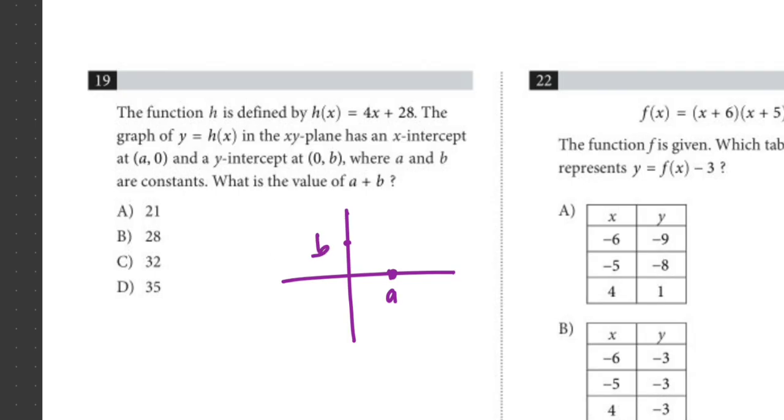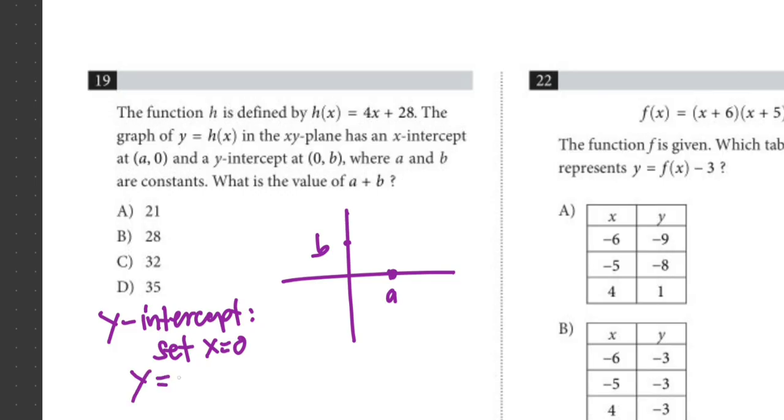Okay, we're given the function h of x. So we can solve for the y-intercept. For the y-intercept, we set x equals 0, the value of y when x is equal to 0.